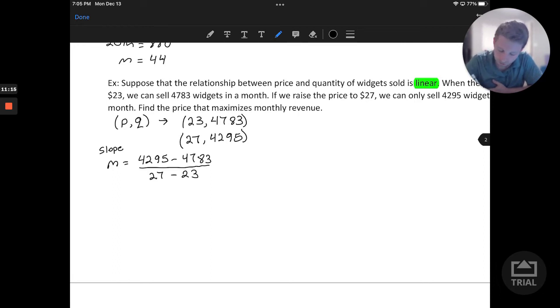So with a change of $4 in our input, it looks like we'll have a change of negative 488 in the quantity. So $4 change in the price will result in a decrease of 488 in the quantity. So this will give us a negative 122. Again, that's going to be in widgets per dollar.